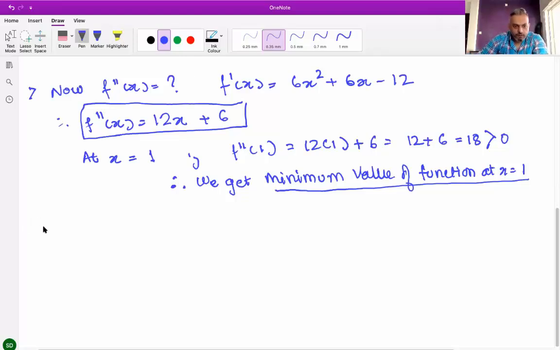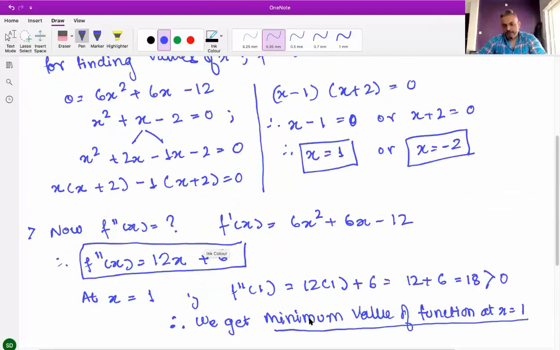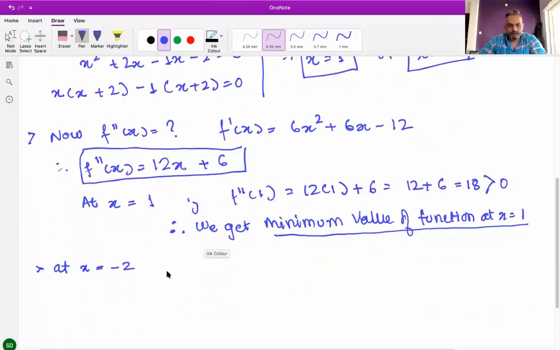Now we go for x = −2. So x = 1, we checked, we get the minimum value of the function. Now x = −2.